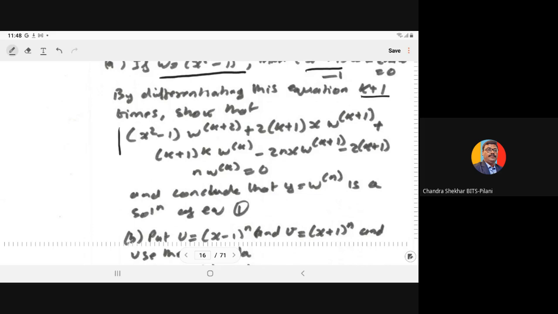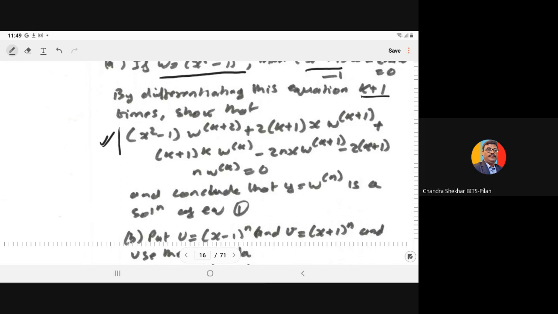You will get the term (x square minus 1) times the k plus 2th derivative of w, plus 2 into k plus 1 times x times the k plus 1th derivative of w, plus k plus 1 into k times the kth derivative of w, minus 2nx times the k plus 1th derivative of w, minus 2 into k plus 1 into n times the kth derivative of w.